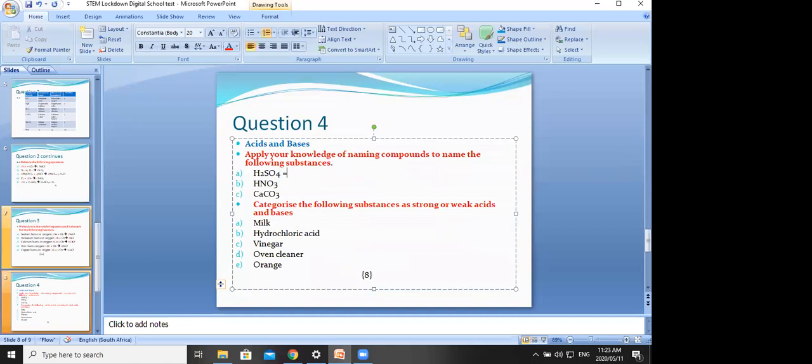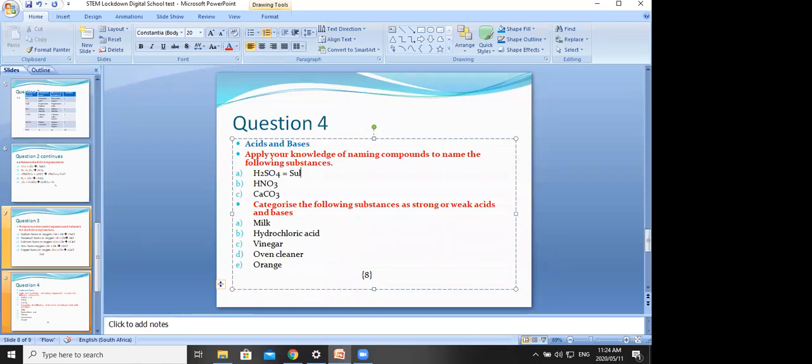H2SO4, what is it? It's an acid. What type of an acid is H2SO4, grade 9s? Anyone else can assist in answering. James? Sir, is it sulfuric acid?